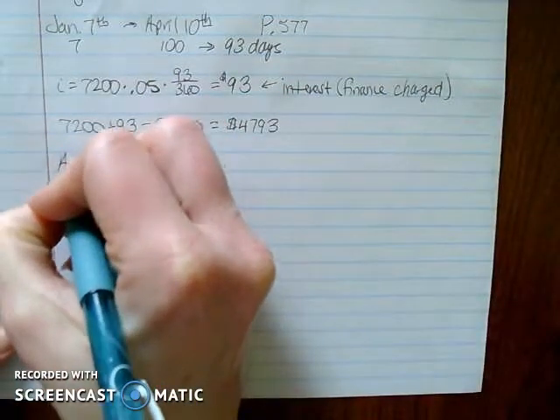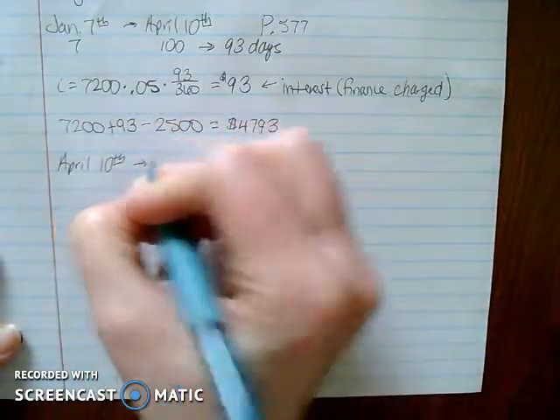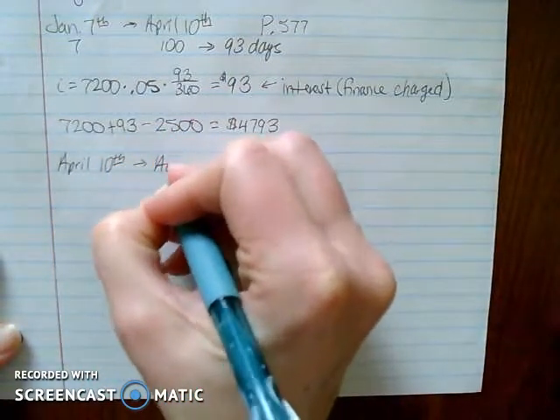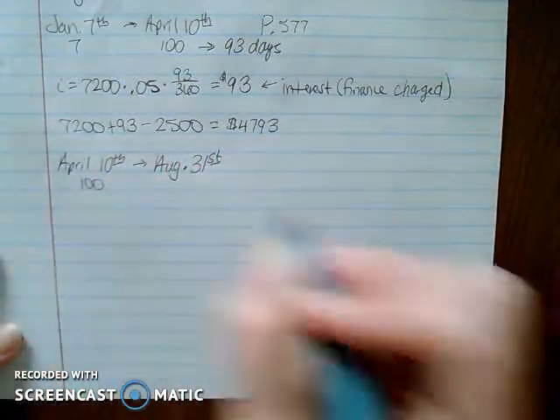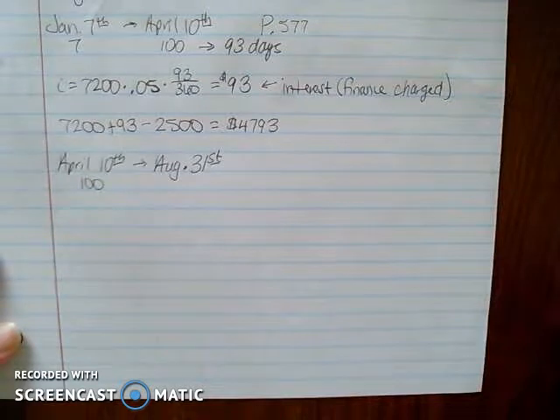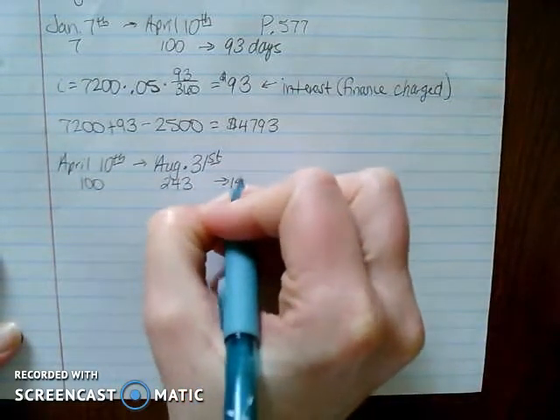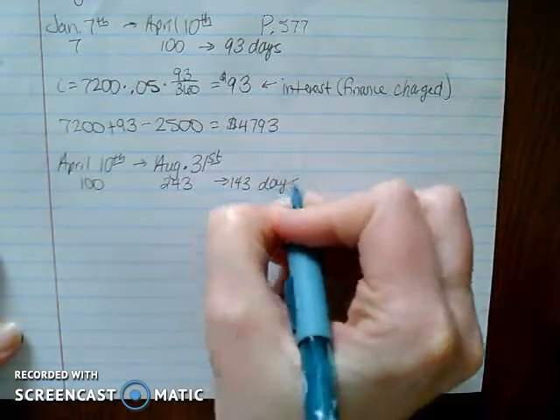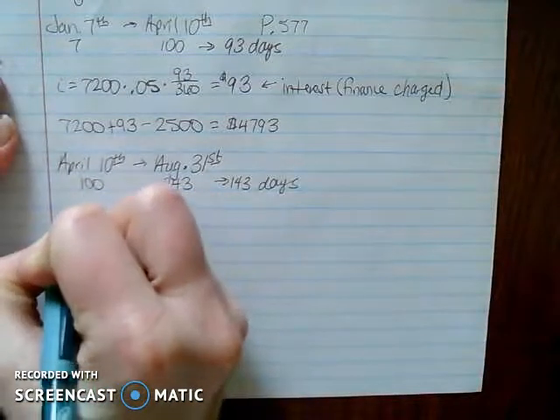So from April 10th through August 31st, we know this is day 100, and August 31st is day 243, so that means 143 days. Then we do the same thing.